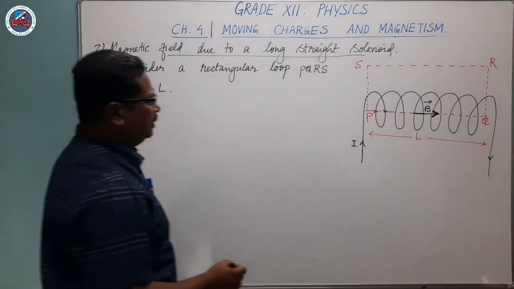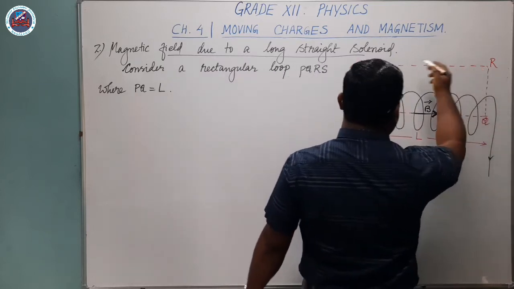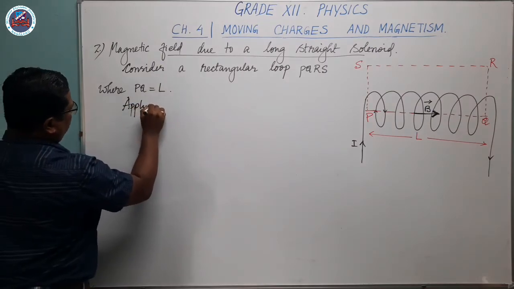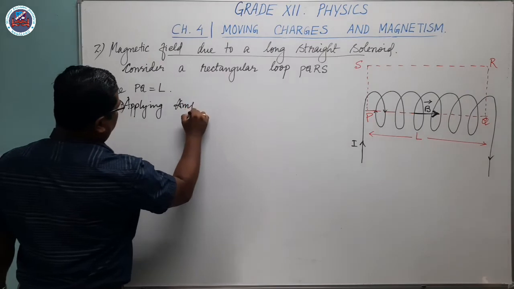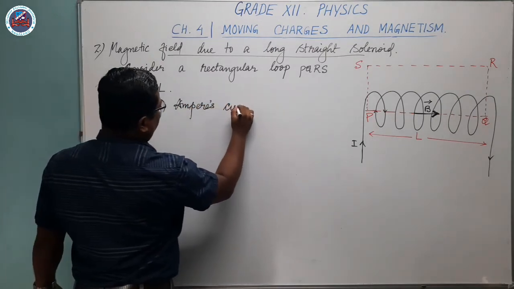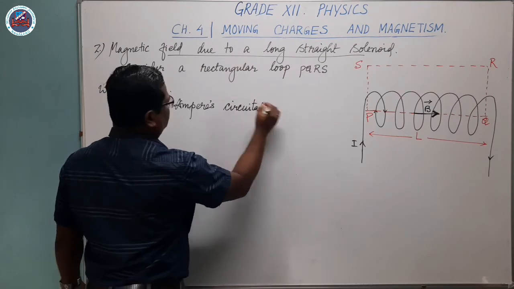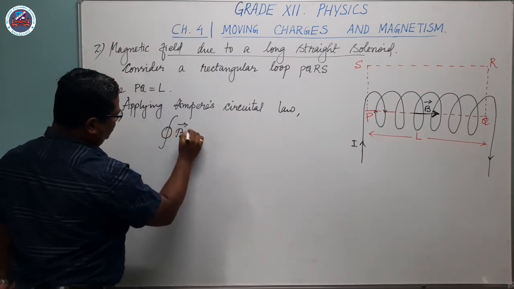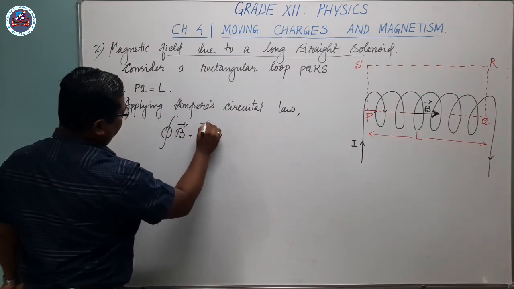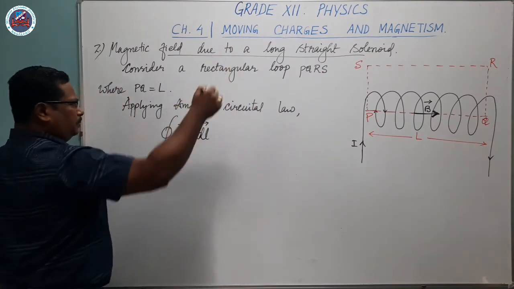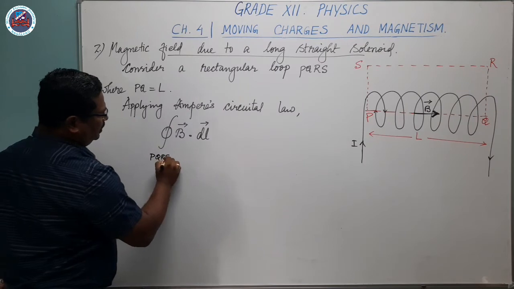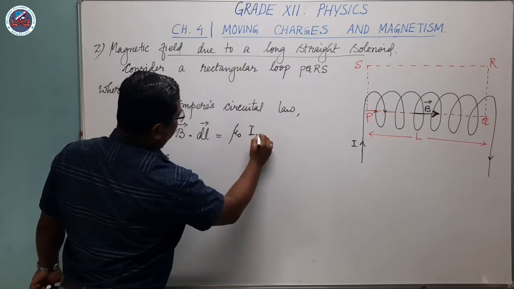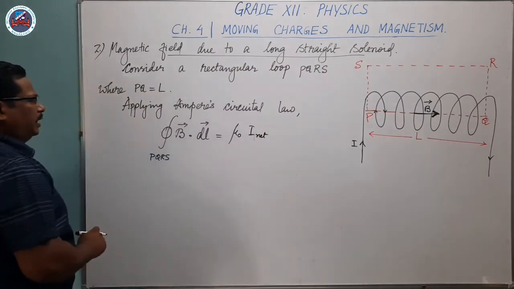Now to apply Ampere's circuital law, the line integral of the magnetic field, B dot dl, across the whole loop PQRS is equal to mu naught times the net current enclosed by the loop or the curve.